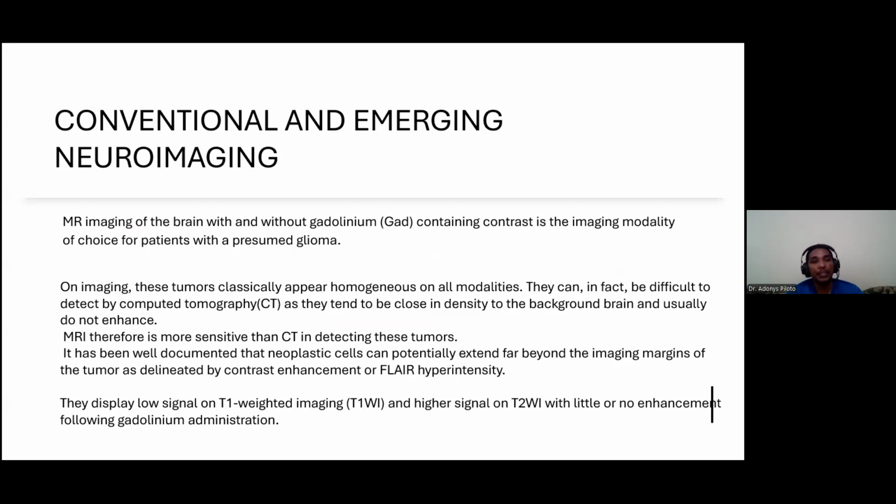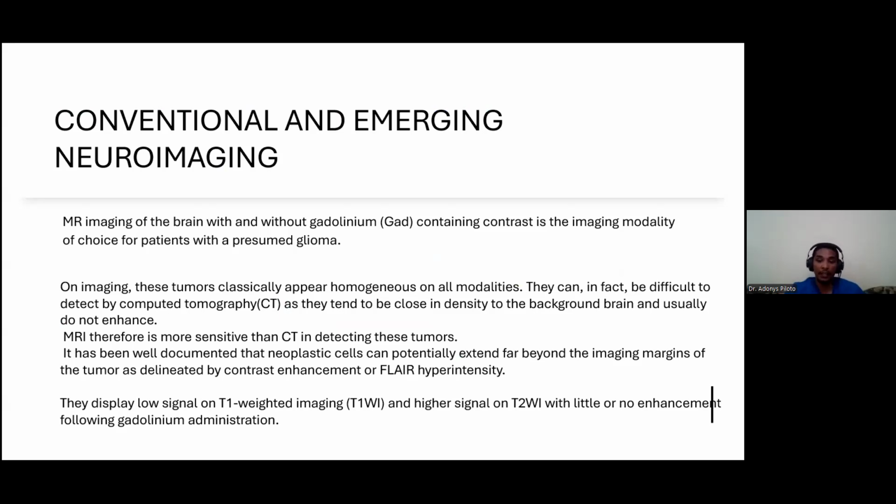In terms of imaging, MRI remains the gold standard for the diagnosis of this type of tumor, usually with gadolinium. On imaging, these tumors classically appear homogeneous in all modalities. They can be difficult to detect by CT scan, as they tend to be close in density to the background brain and usually do not enhance.